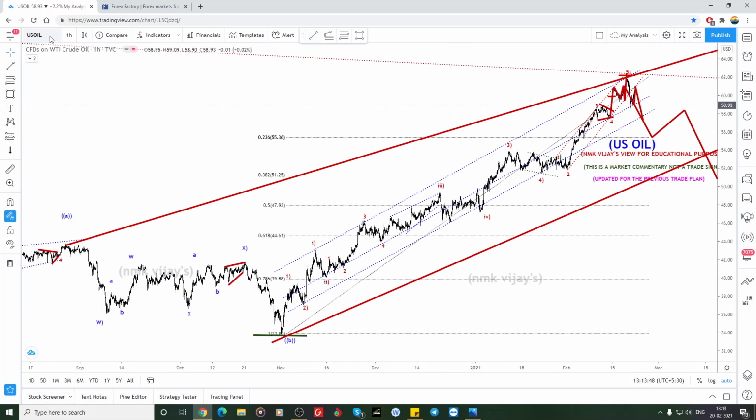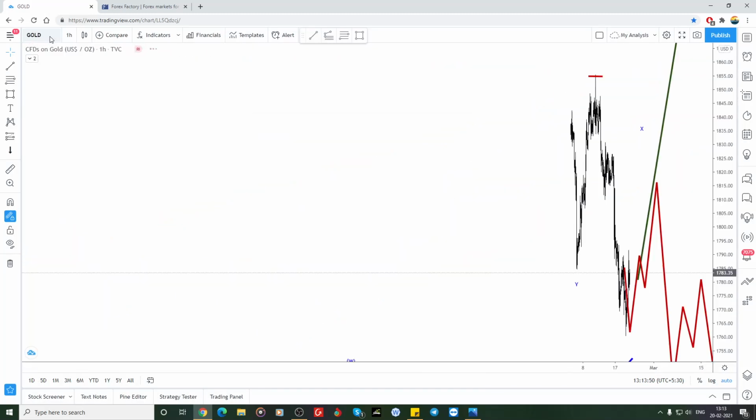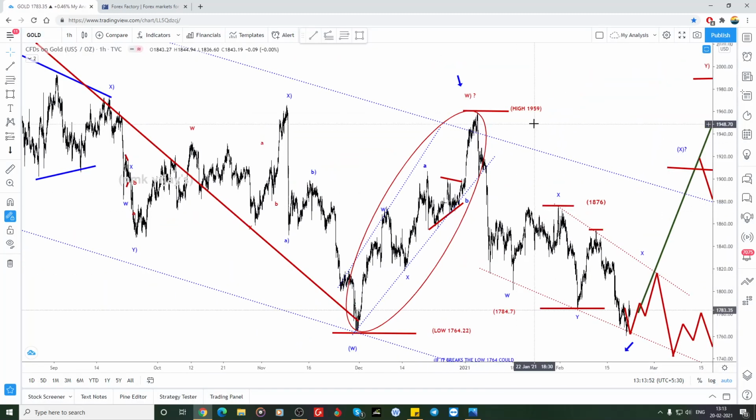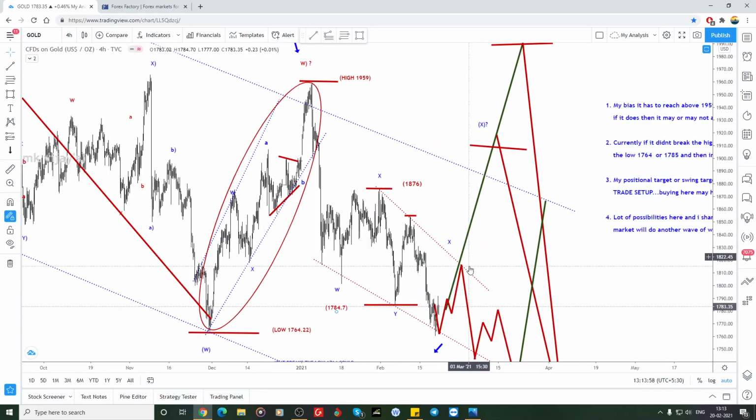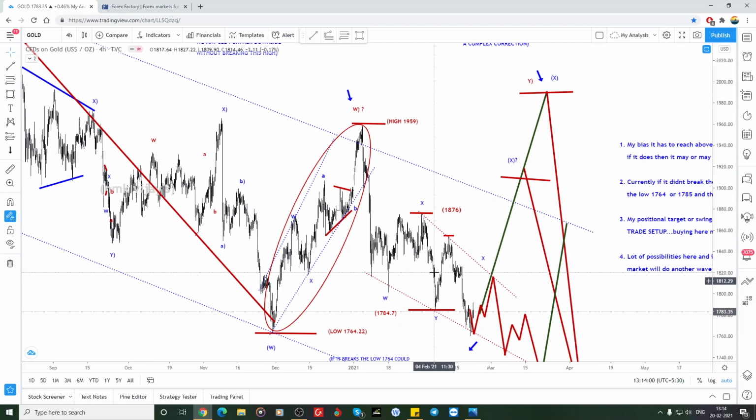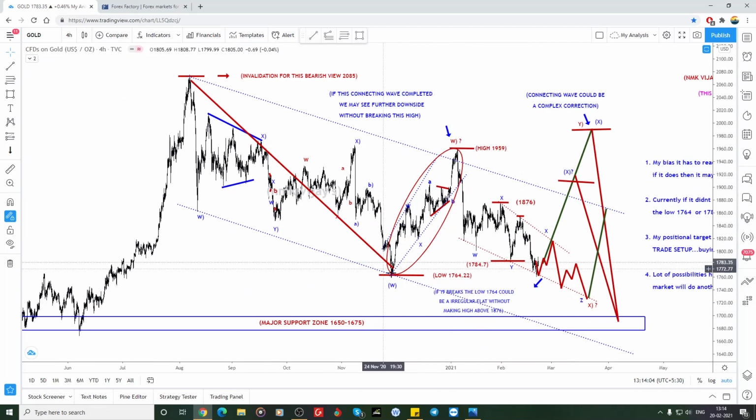So let's see. And finally, the gold and silver. What I said here also, my view, trading here is very difficult, right? Why? Because it's looking like we are still in the connecting wave, we can't say.